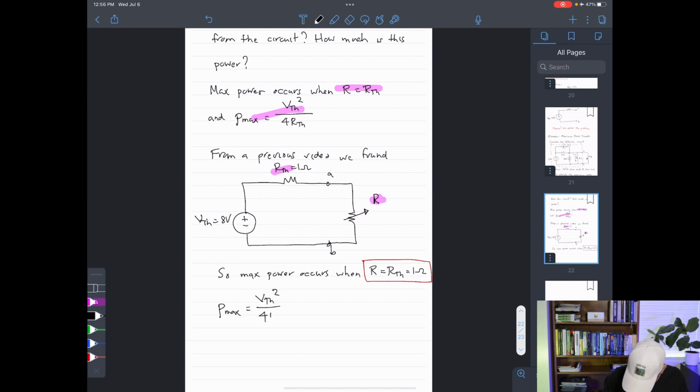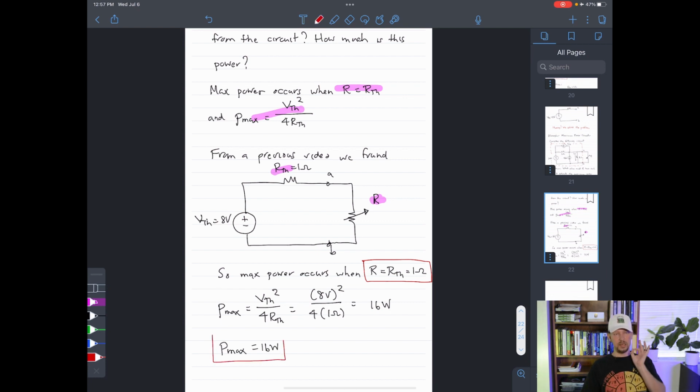Well, the Thevenin voltage is 8 volts. I'm going to square that, divided by 4 times 1 ohm. 8 divided by 4 is 2, times 8 more. This is a total of 16, and the units here is watts. So the max amount of power that can be drawn from this network is 16 watts.